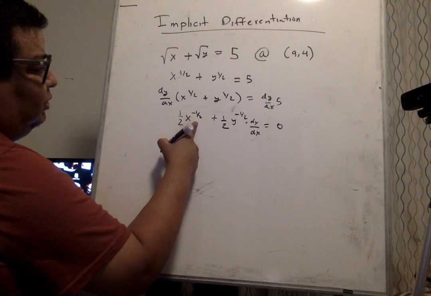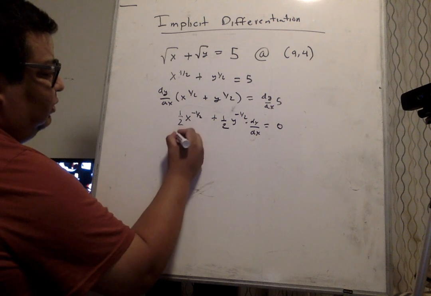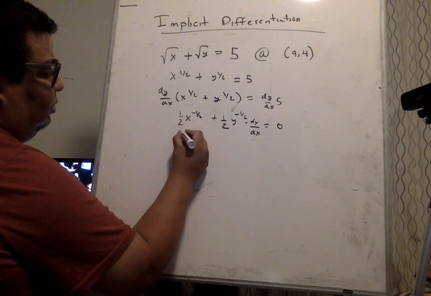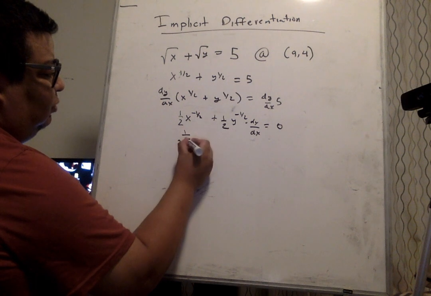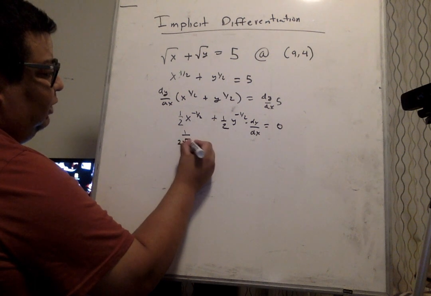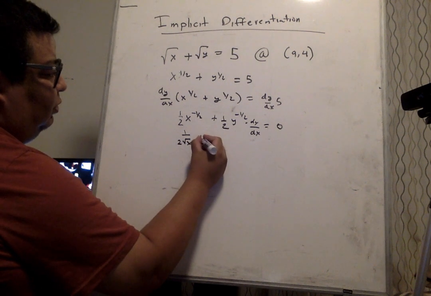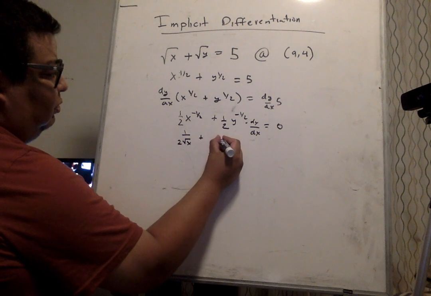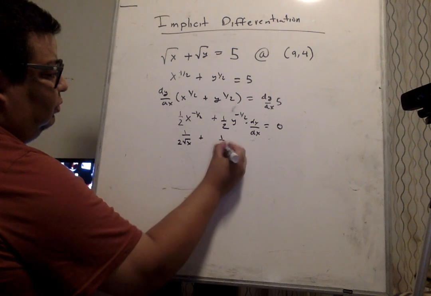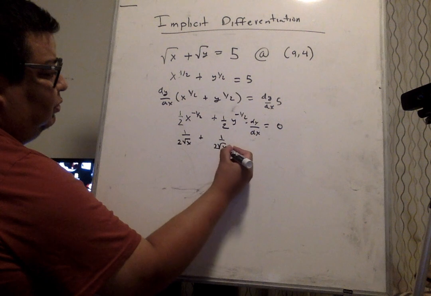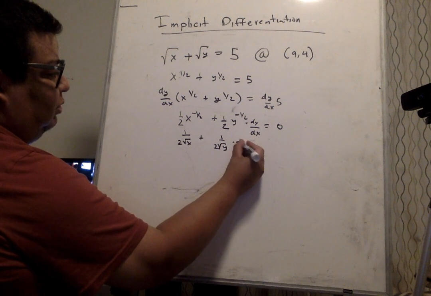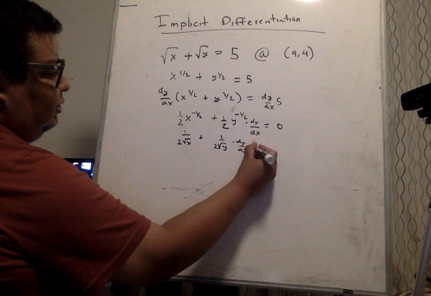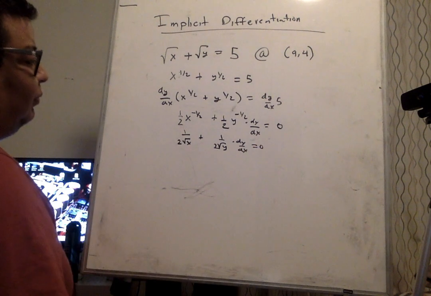Notice we can change this one to look like this: 1 over 2 square root of x plus 1 over 2 square root of y times dy/dx equals 0.